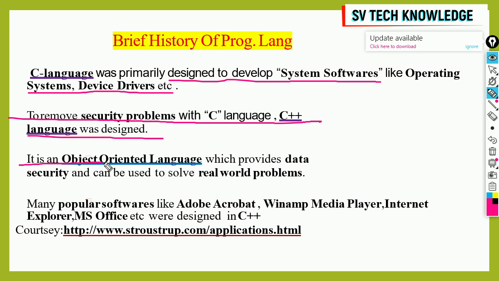It is an object-oriented language which provides data security and can be used to solve real-world problems. Many popular softwares like Adobe Acrobat, Media Player, Internet Explorer, MS Office, etc. were designed in C++.